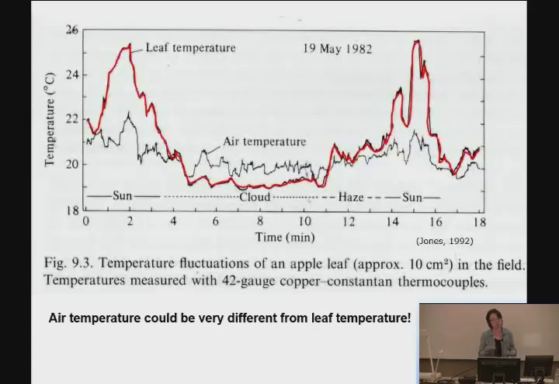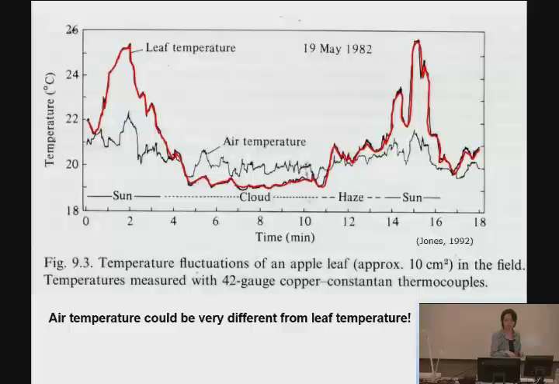Okay, this one is my old and not really high quality scan, but this is my favorite chart to make the point that temperature in the air is very different from plant temperature. This is outside in the field. The sensor was in an apple leaf, so it's not even a greenhouse crop. You can see this is within 18 minutes, a relatively short period of time.